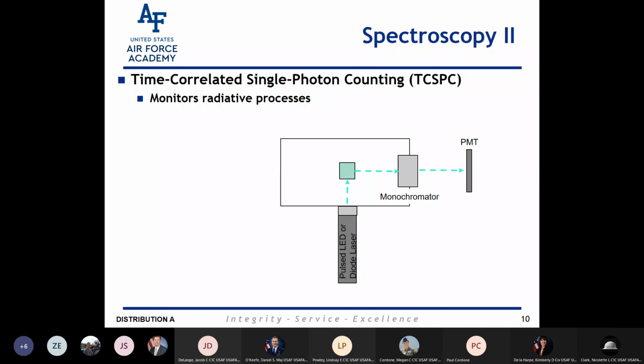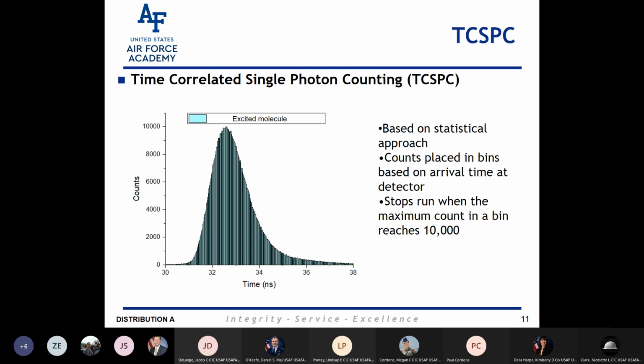And once those DNA excited states relax back down to the ground state at some time later, those counts are picked up by a detector, both a monochromator and a photomultiplier tube, in order to give us a distribution that looks like this.